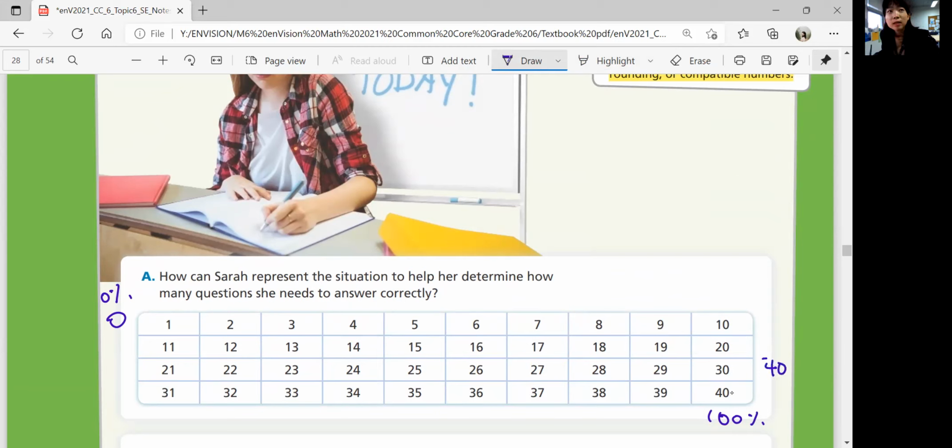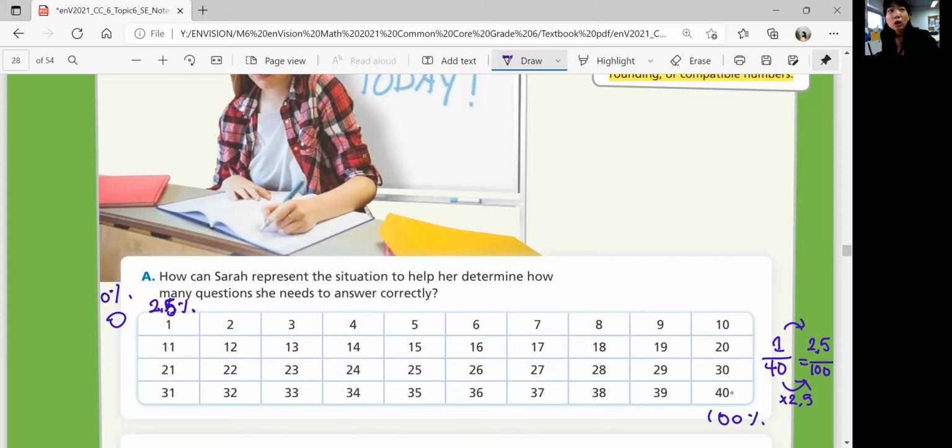If 40 is 100%, 40 times 2.5 is 100, right? So what's one question worth? 1 times 2.5 is 2.5. So one question is 2.5% worth, right?